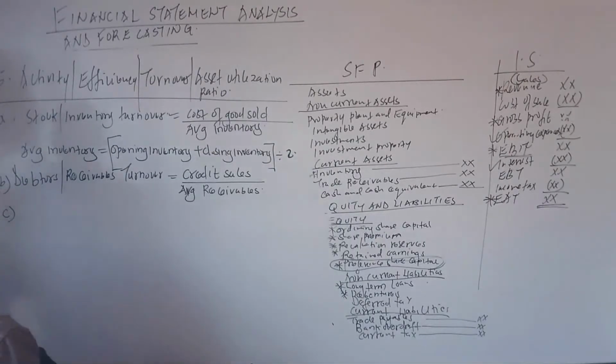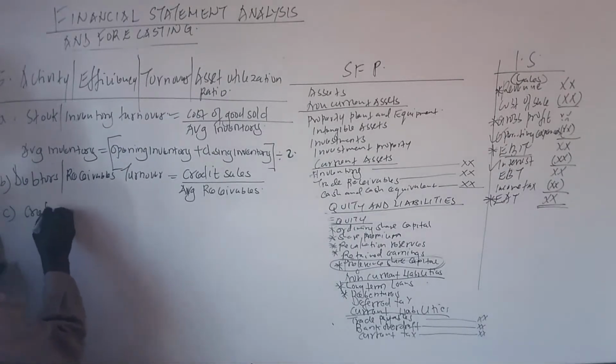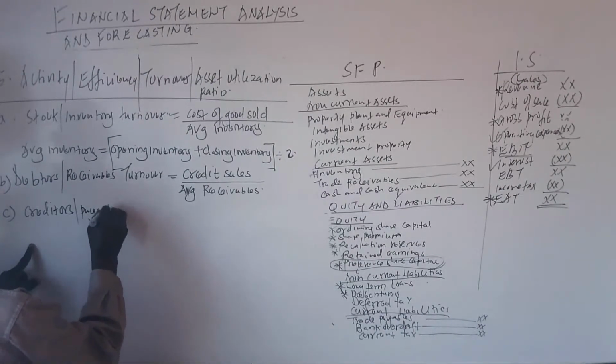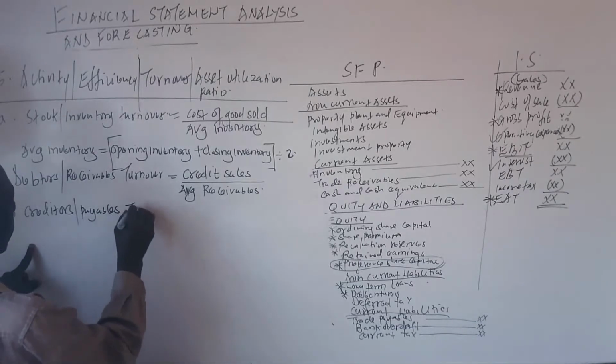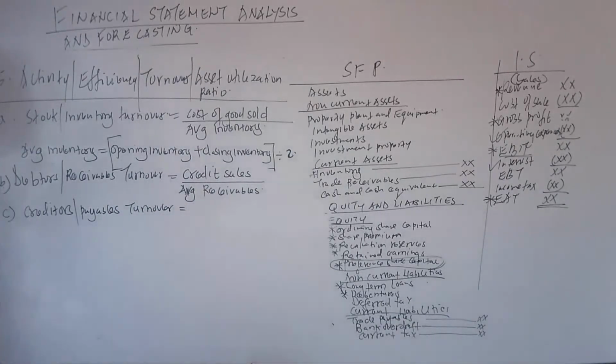Then number 3, we talk about the creditors or what we call the payables turnover. We have creditors or payables turnover.